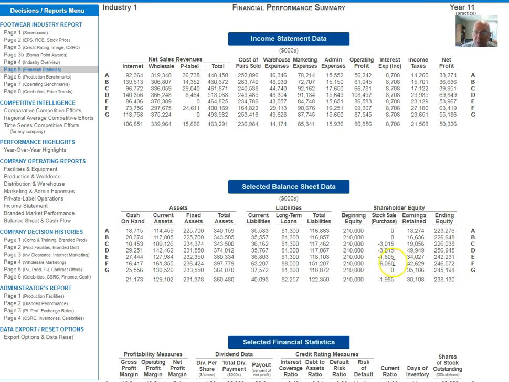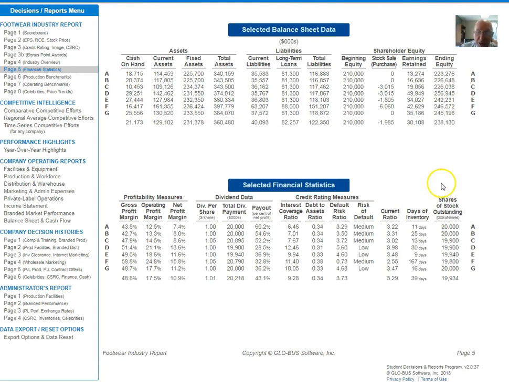I also bought back some stock, which is not a bad strategy. What's interesting is that in the profit, I finished in second place, but overall, I finished in fourth place. That's unusual. Usually the place finishes will track very neatly with the profit. But when you make some of the mistakes I made, you do see some deviations.